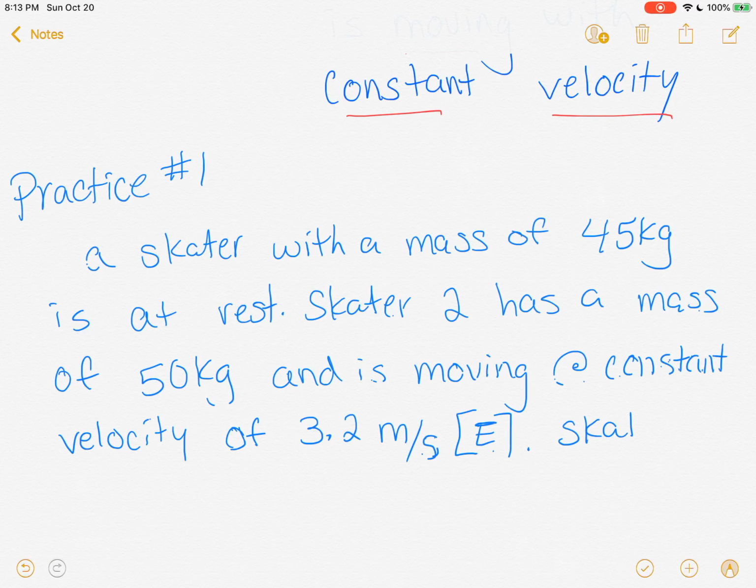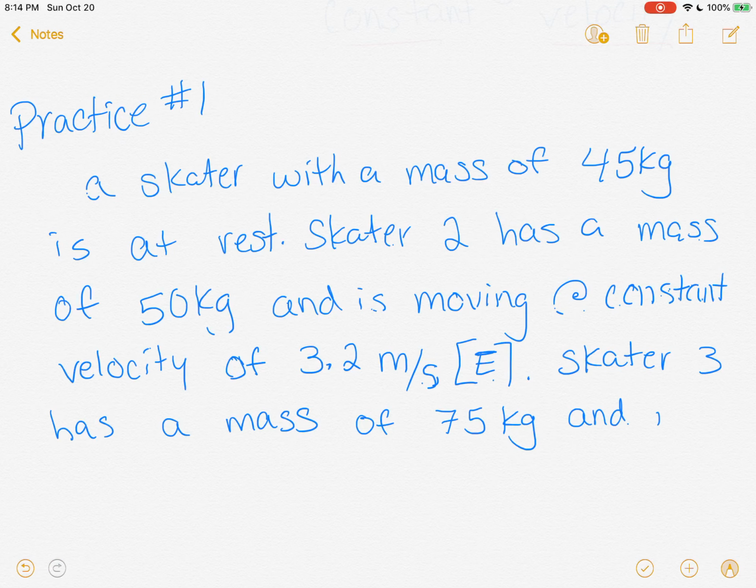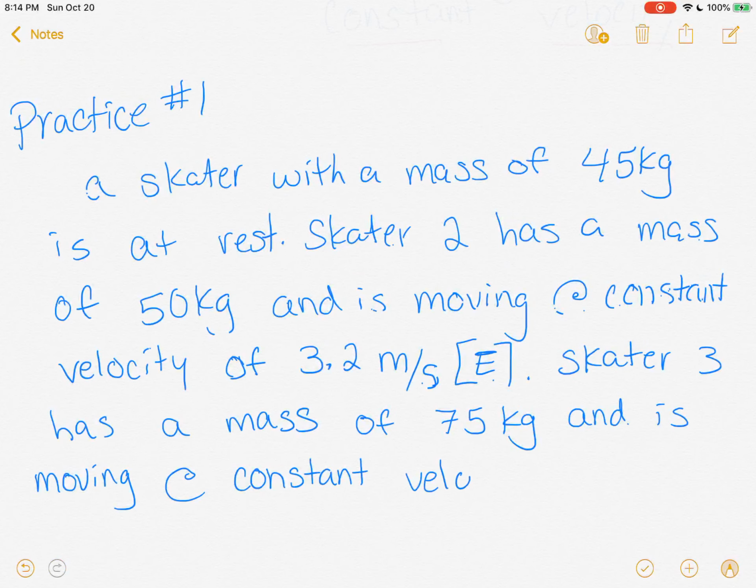Then skater 3 has a mass of 75 kilograms and is moving, again at a constant velocity, of 9.6 meters per second, also to the east.